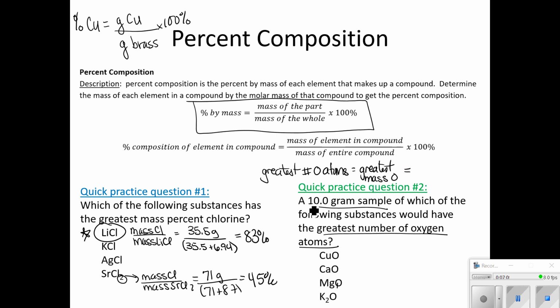And if you're comparing the same sample size, the one with the greatest mass of oxygen is going to have the greatest mass percent of oxygen. So you want to recognize that this is just another way of asking which of these samples would have the greatest mass percent of oxygen. If you do the same kind of process as you did over here, you should find that magnesium oxide is the one with the highest mass percent of oxygen.